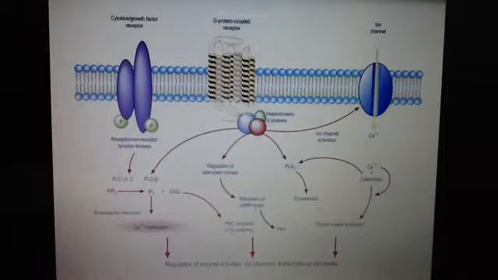And this is actually going to result in the releasing of calcium, or calcium mobilization. And you can see the endoplasmic reticulum pointed out there. We should realize that in addition to being a site where you are glycosylating proteins for protein synthesis, this also plays an important role for calcium storage.